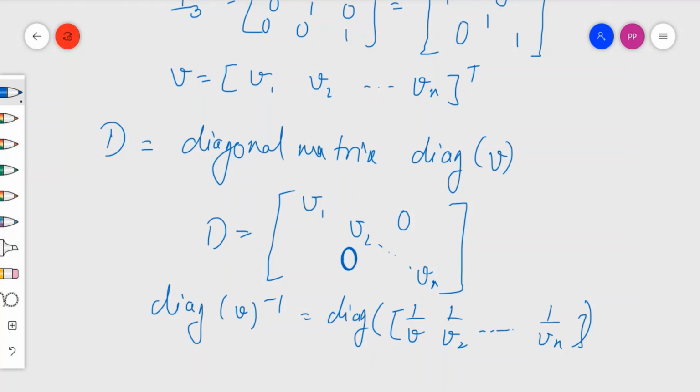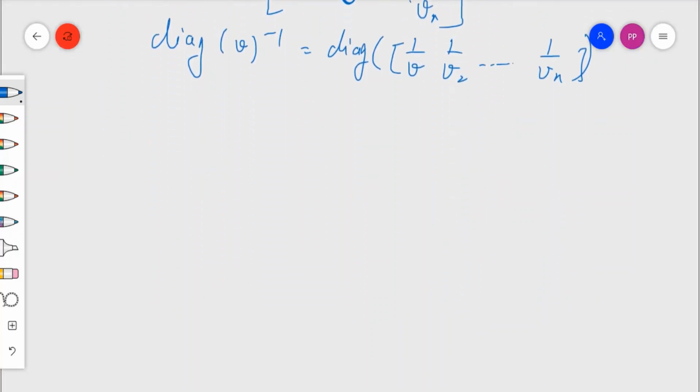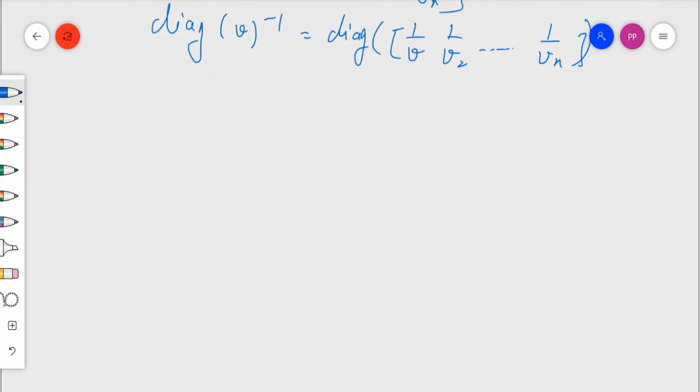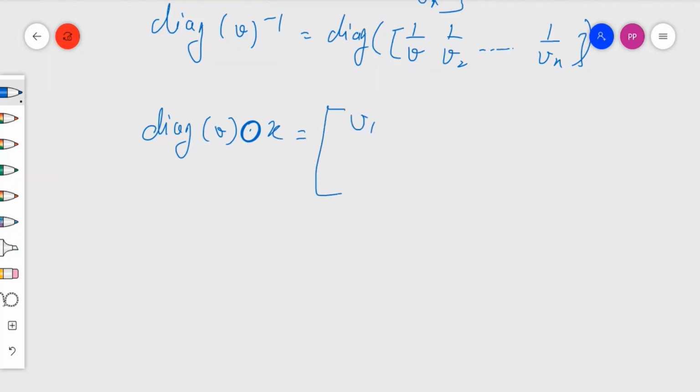Another interesting fact: suppose I have diag v, its matrix product with vector x. This is equal to v1, v2, like that up to vn, with both sides 0, and I am multiplying with x1, x2, up to xn.